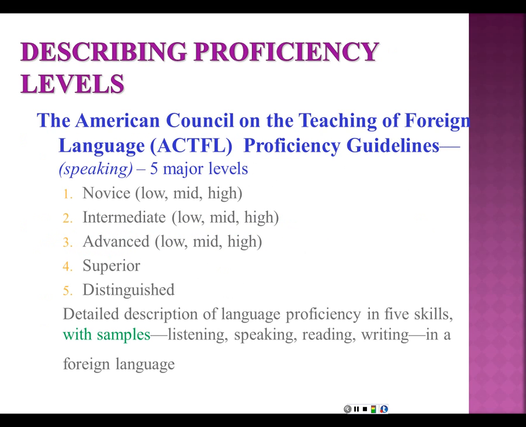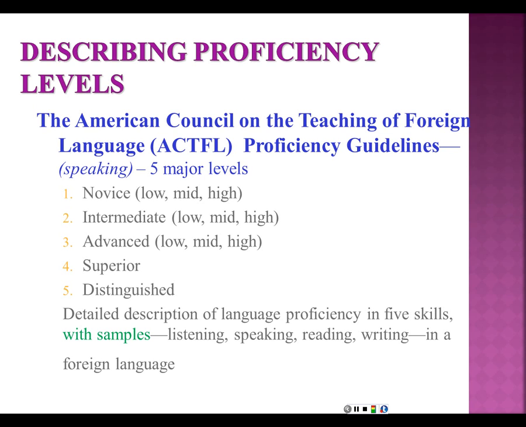Now, there are ways that we describe proficiency levels, and there are institutions and organizations that focus on nothing but establishing language learner proficiency. And in front of you, you have one of the most prominent ones. It is for foreign languages, but it includes English. So the American Council on the Teaching of Foreign Language Proficiency Guidelines, this is in short called ACTFL.